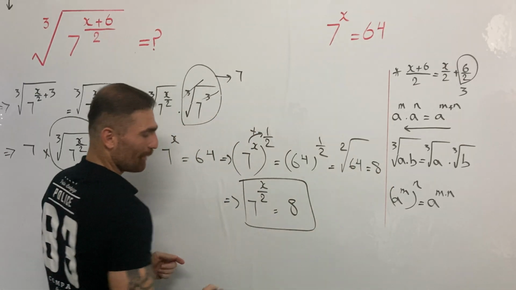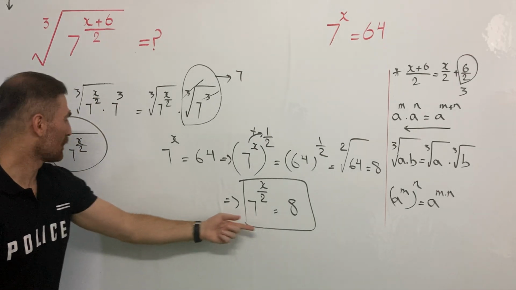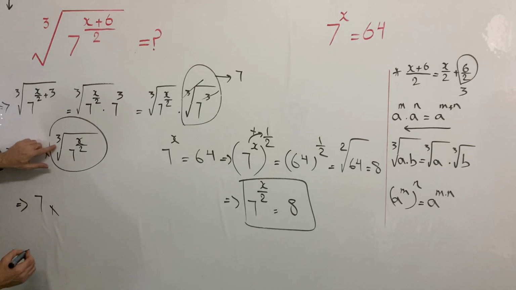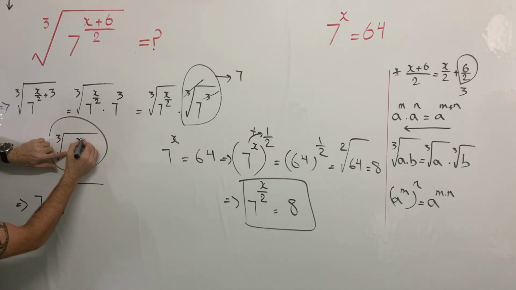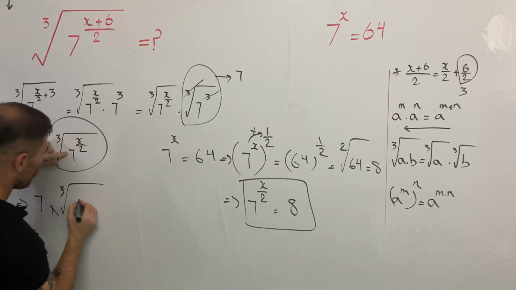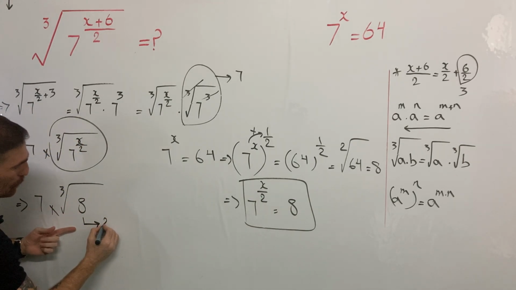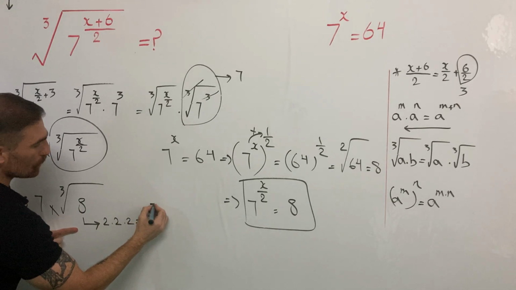Look here. How exciting. Same, right? So I write 7 times the cube root of 8. What is 8? 8 is 2 times 2 times 2, which means 2 raised to the power of 3.